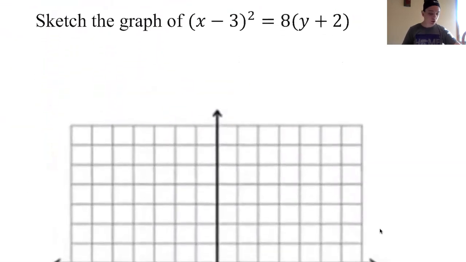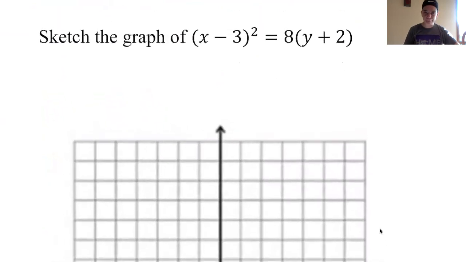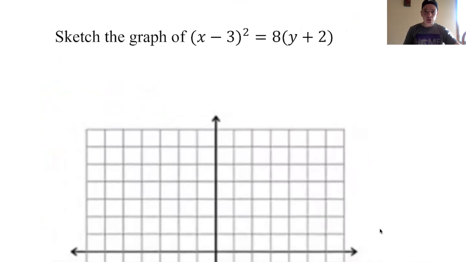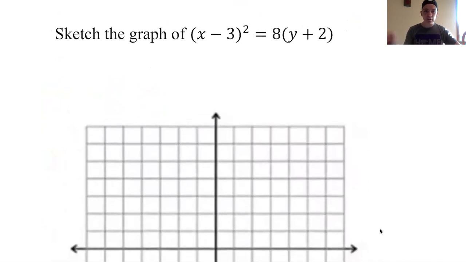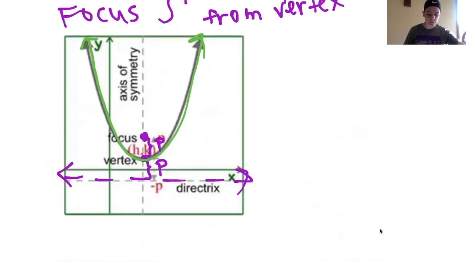So here, whoops, sorry guys. Let me make it a little smaller. So here we have (x minus 3) squared equals 8 times the quantity (y plus 2). Let's go back up for a minute and talk about how I know that this is a parabola.